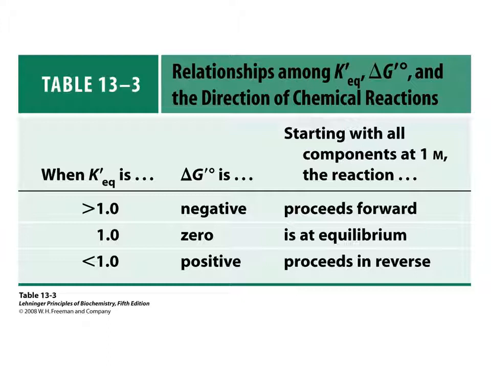Now, if the equilibrium constant is more than 1, then our delta G is negative. If the equilibrium constant is 1, then we have no potential, and delta G is 0. And if it's less than 1, obviously the delta G is positive. Corresponding negative proceeds forward, 0 nothing, positive proceeds in reverse.